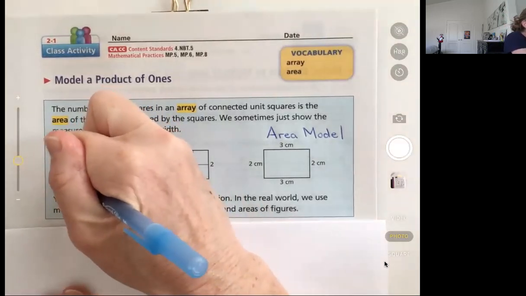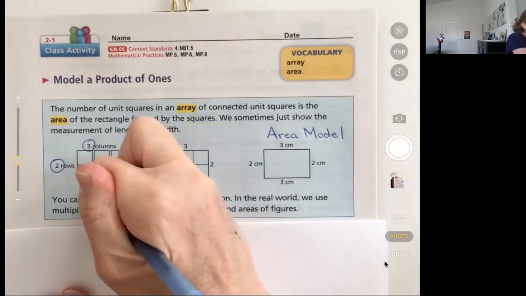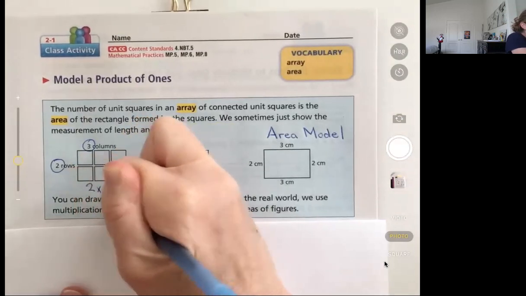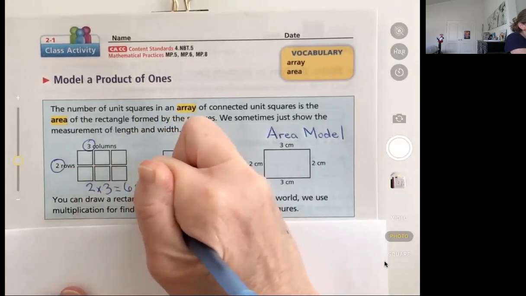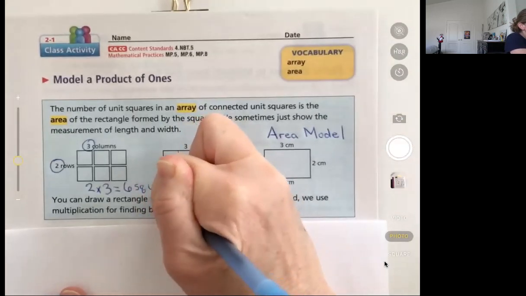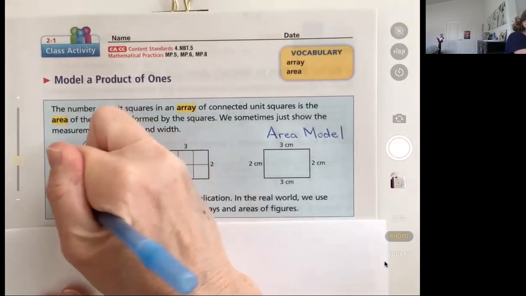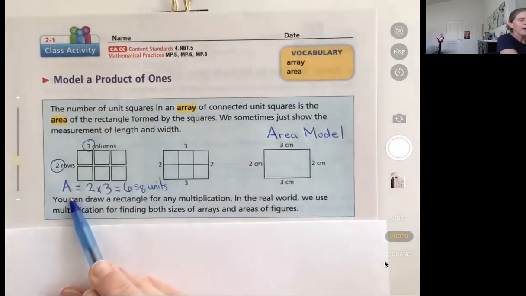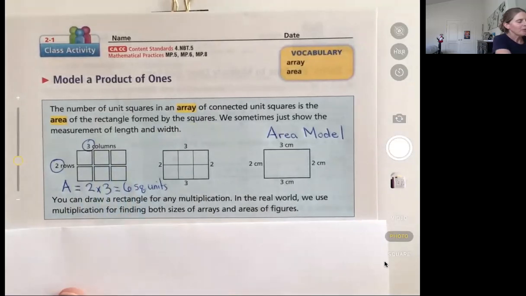So I could be thinking 2 times 3 equals 6 square units. I hope that comes back to you. I hope that's really easy for you, okay? This would be our area, and I can use the variable A to represent area, the measurement inside of a shape.